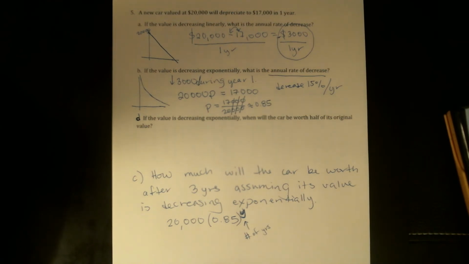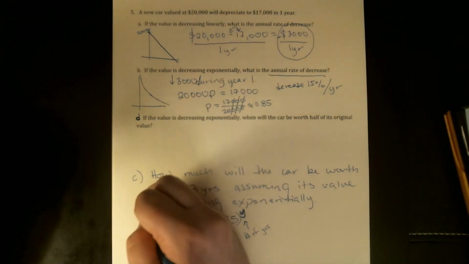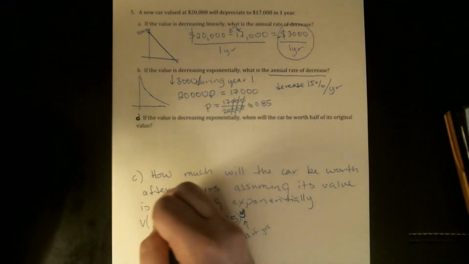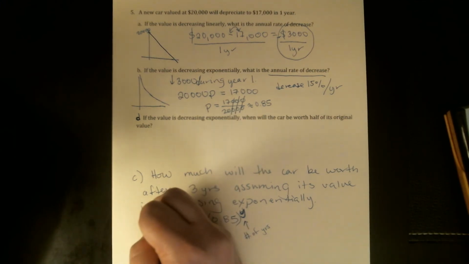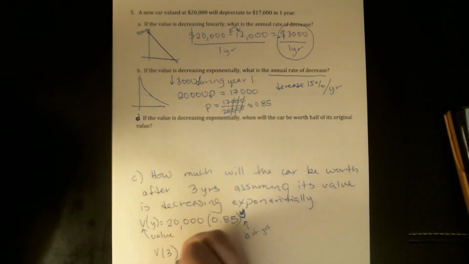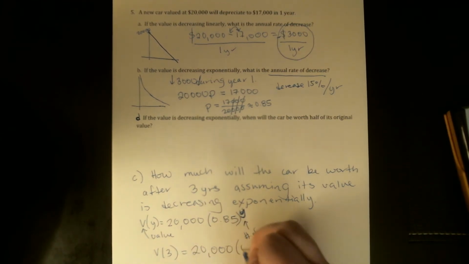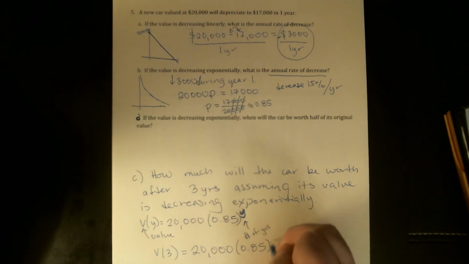If we want to know what's happening after 3 years, this is let's say V of Y, where V is the value. We're really looking for a V of 3.